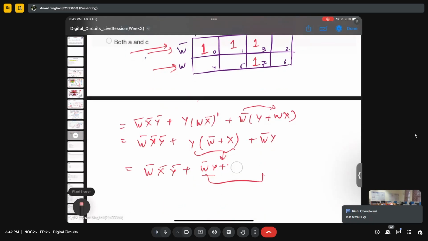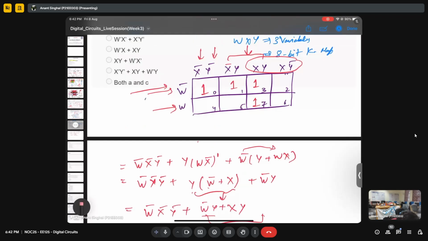Sorry. So this will be X Y, W bar Y and X Y. Yeah, X and Y is this basically. Sorry for that. So this is X Y bar. So this is X Y, and hence the one will come here.